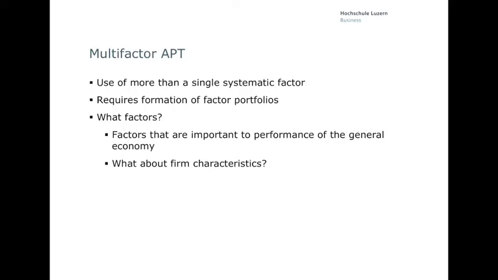We can think of several factors driven by the business cycle that might affect stock returns: interest rate fluctuations, inflation rates, and so on. Presumably, exposure to any of these factors will affect a stock's risk and hence its expected return. Accordingly, we can generalize the single-factor model to a two-factor model.